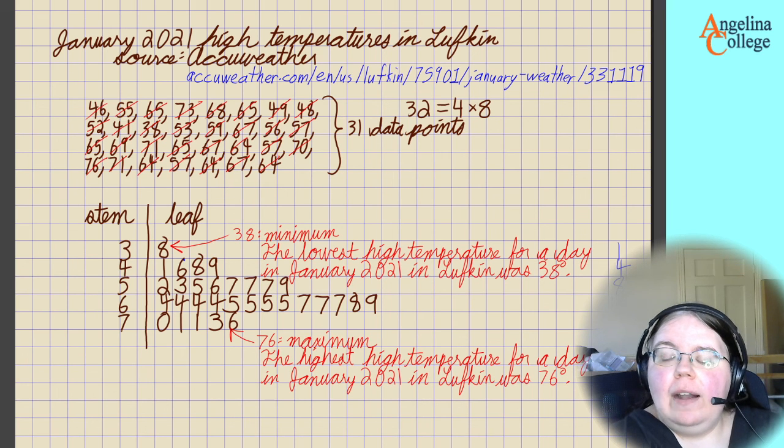So what I would do is look in the leaves of each stem and find out what there are the most repetitions of. I know it's nothing in the 30s or 40s because there's only one each of those. I see there are 3 57s, that's things ending in 7 in the 50s. But then I see that there are 4 64s and 65s.